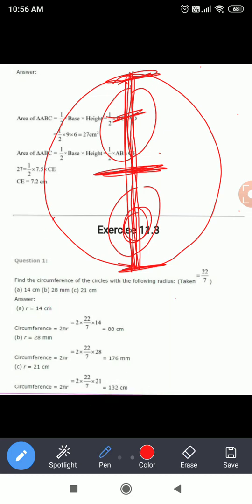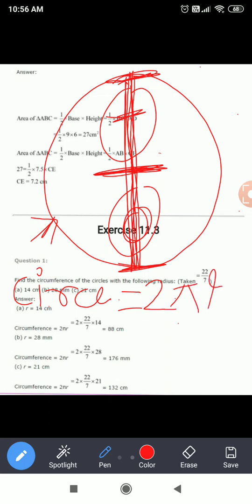Formula to find the circumference. The circumference of the circle is the perimeter of the circle. For radius, the formula for circumference is 2 pi r. Pi here is a constant.